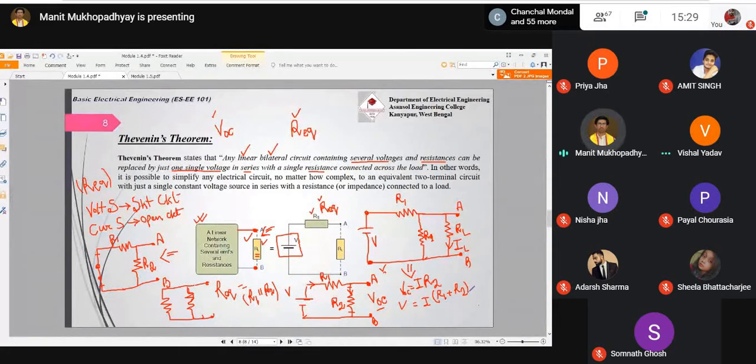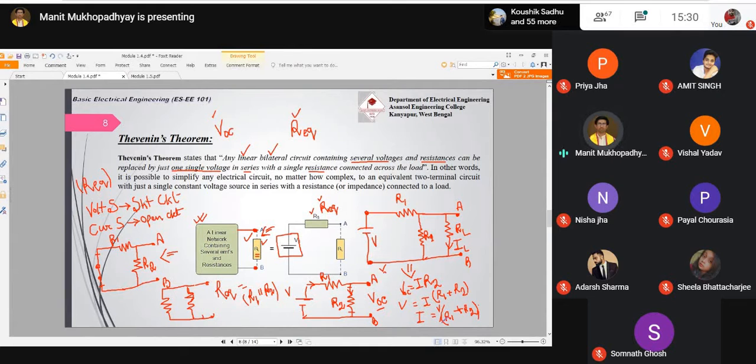Can I write this? Yes, sir. So from here you simply calculate the value of I. The value of I is V divided by R1 plus R2, within bracket.